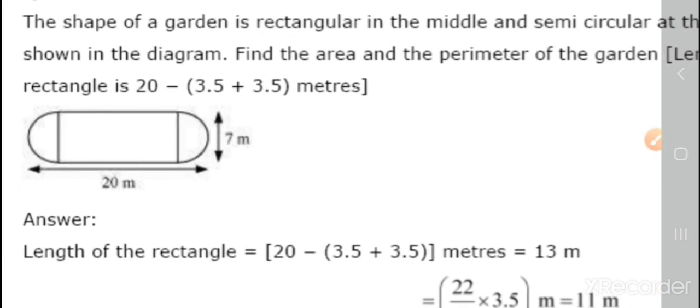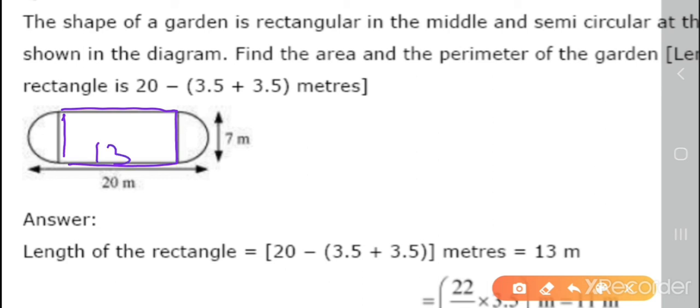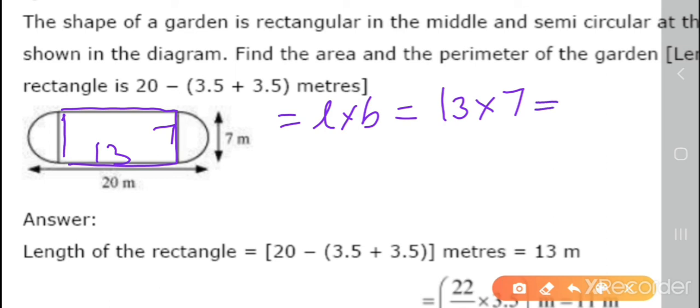So here we should find the area of the rectangle. This is the rectangle you are finding. First area of the rectangle we will find. So here you know the length is 13 and the breadth is 7. So area of the rectangle is equal to L into B. So what will you do? 13 into 7 you will do. Okay, so you will get the area of the rectangle.